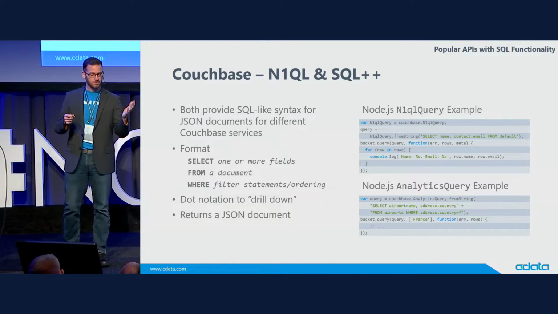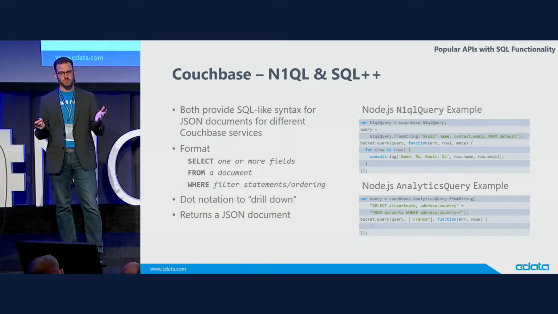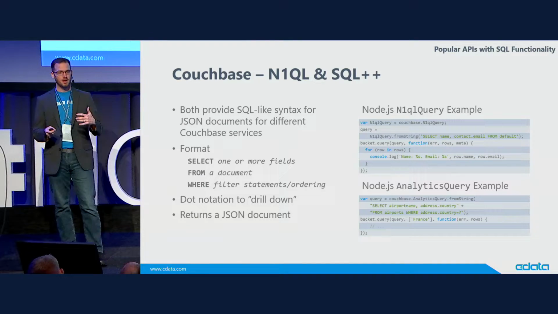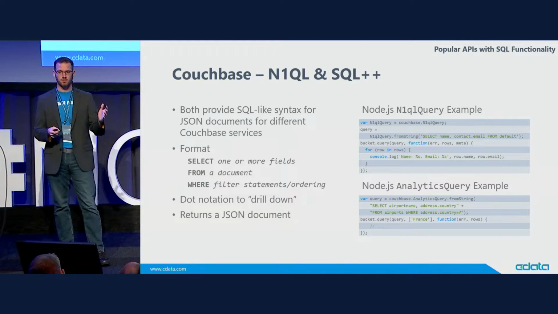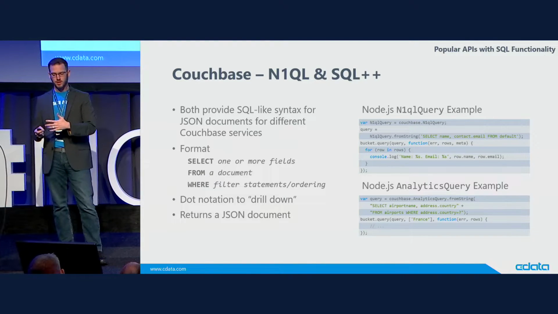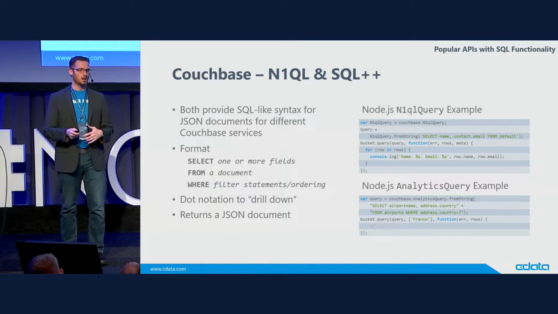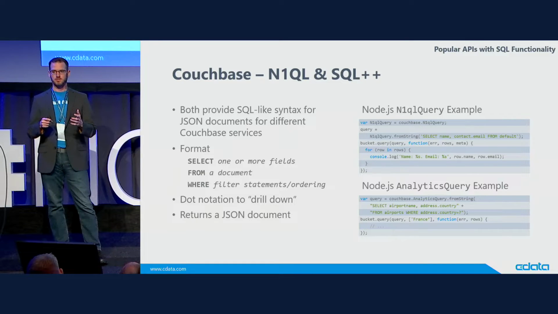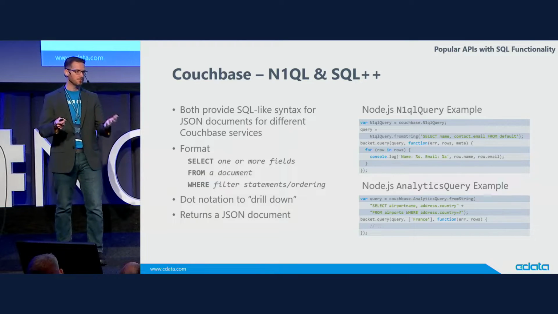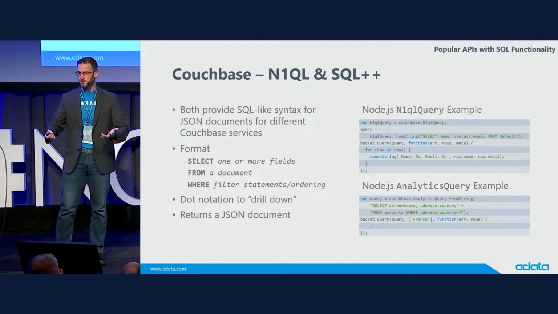They have two languages, based on the two services that they provide on top of their data, that allow for SQL-like access. The first is N1QL, and it gets its name from first normal form. And then there's SQL++, which was a variation of SQL that was developed, in the same vein as C and C++.